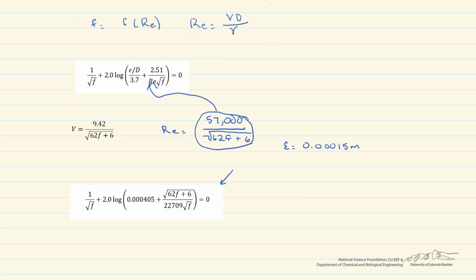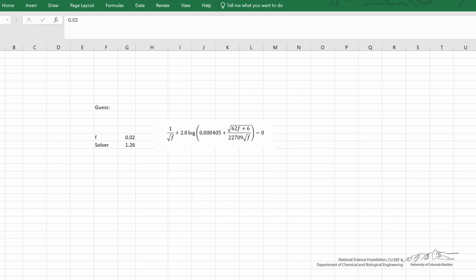So here we have the Colebrook equation that is only a function of the friction factor F. And so we take that equation, we go to Excel, we put it in solver, and we are able to solve for the friction factor. So here we're going to guess a friction factor of 0.02 and put that in this equation.